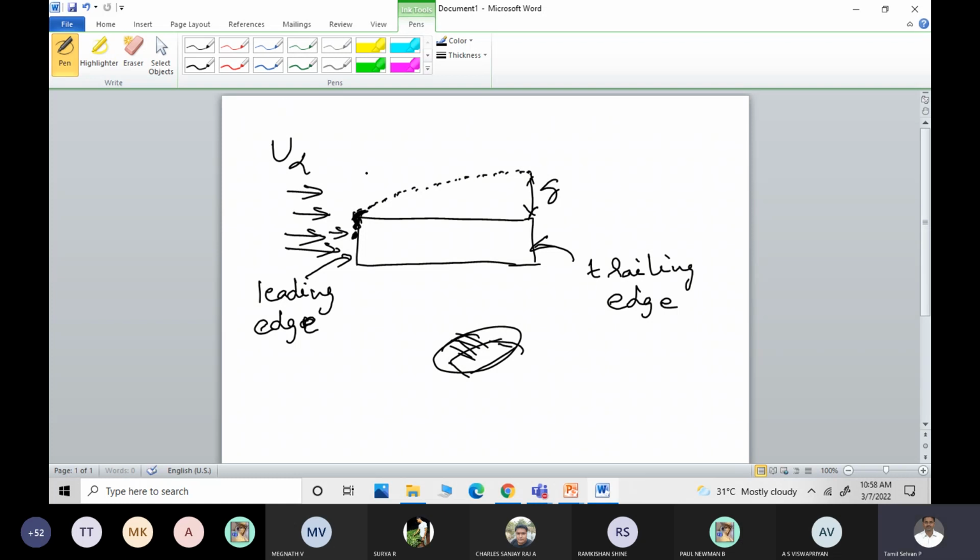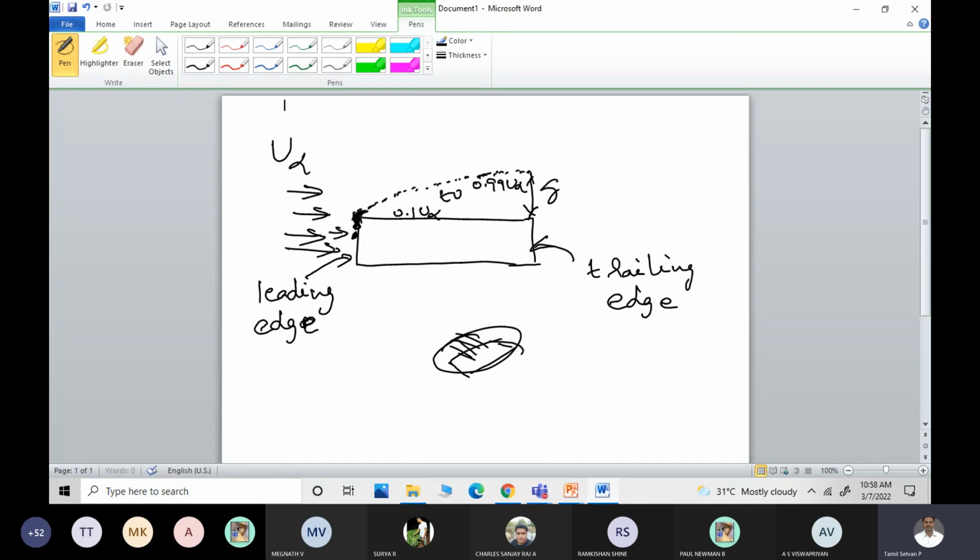Now inside this boundary layer, the velocity of the fluid particles will be varying from 0.1 times u infinity to 0.99 times u infinity.